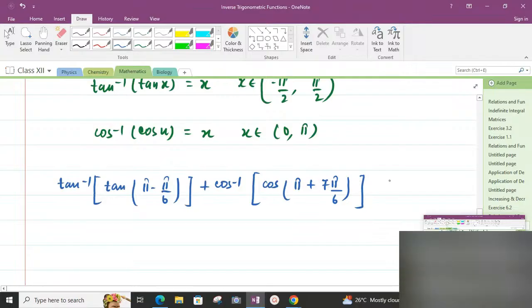Hope that there is no problem to understand up to this step. The answer of this one will be 0. Already we have discussed. So this one will be the next step.